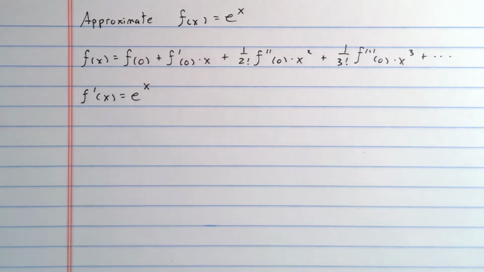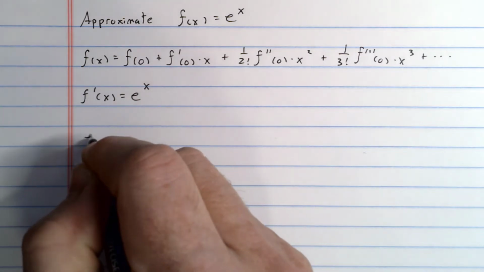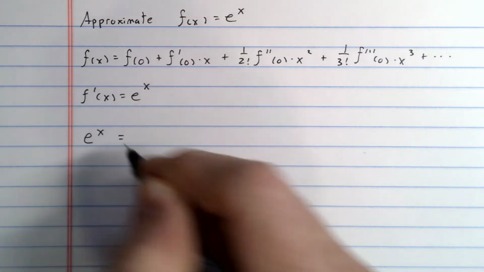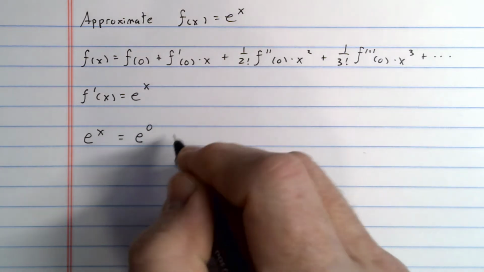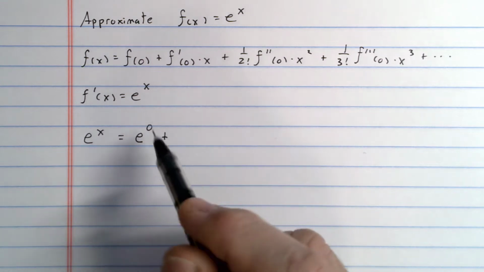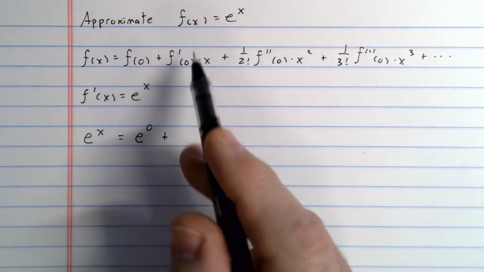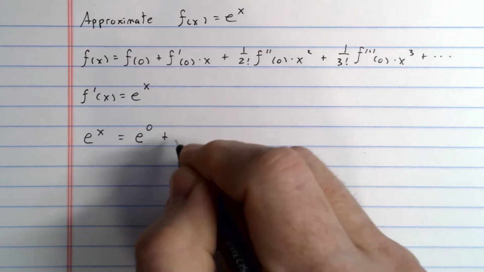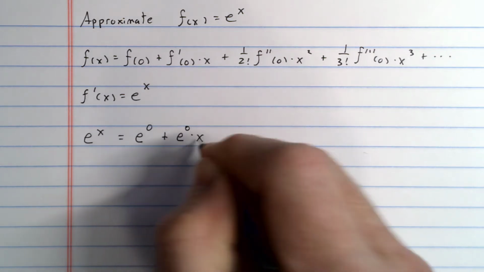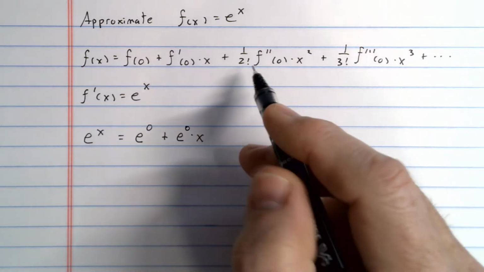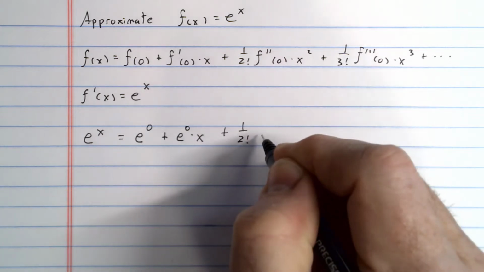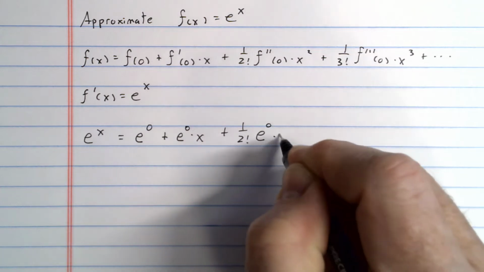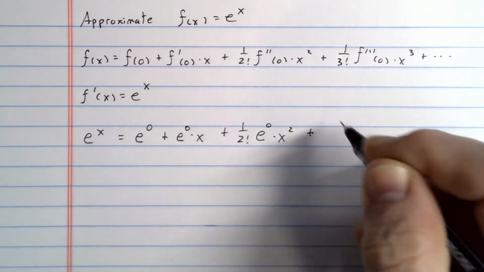And so if we go up here and use that fact in our Maclaurin series, then what we get here is that f of x, which is e to the x, can be approximated by f of 0, which is e to the 0, plus f prime of 0, and the derivative here of e to the x is just e to the x, so this will also be e to the 0, times x, plus here we would get 1 over 2 factorial f double prime of 0, which is e to the 0, times x squared, and I think you can see the pattern from here.